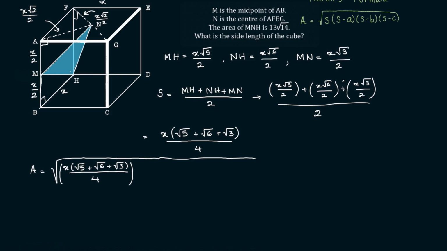Well, let's take the semi-perimeter and subtract MH from it. When we do that, we get x times, in brackets, root 6 minus root 5 plus root 3, all over 4.